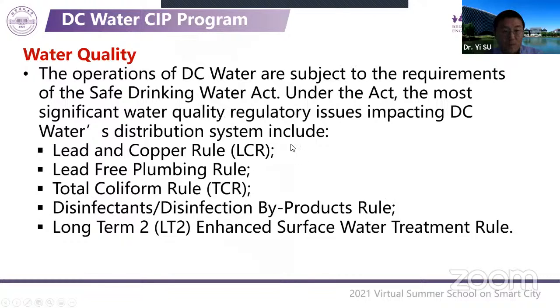And there are also many rules for water quality. For example, the Lead and Copper Rule and the Total Coliform Rule also need to be borne in mind.